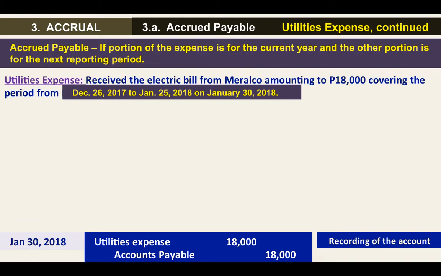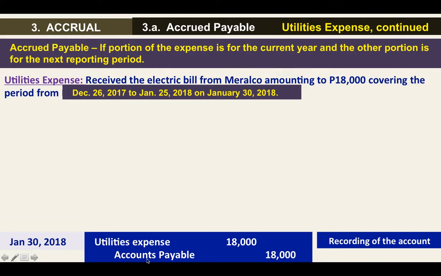Why? Kasi alam natin na yung portion nito na utilities expense is really for 2018. Doon sa previous slide, hindi natin pwedeng gawin yun kasi alam naman natin na lahat yun is for 2017. In this case, alam natin na 2018, kasi hanggang 2018 yun, portion of this 18,000 is really for 2018. So we can go ahead and record this.